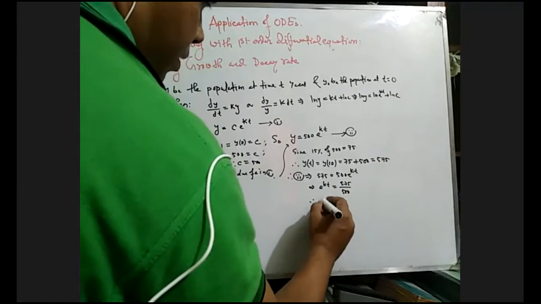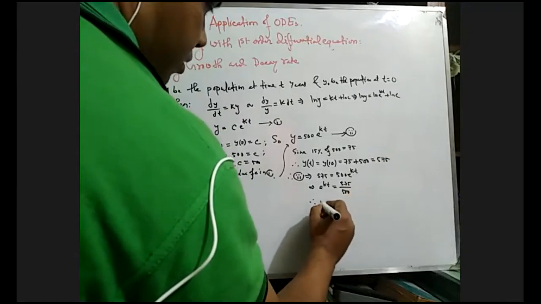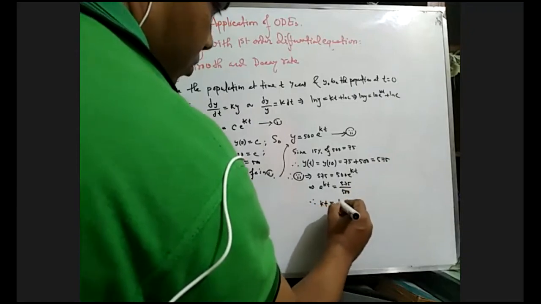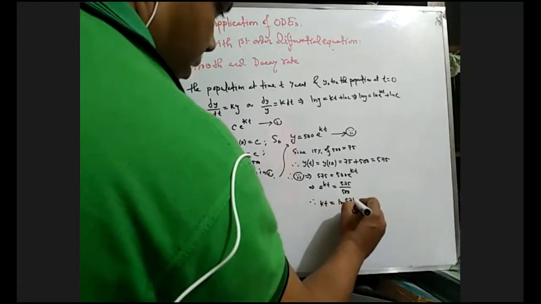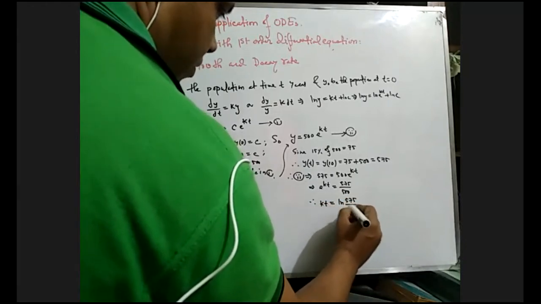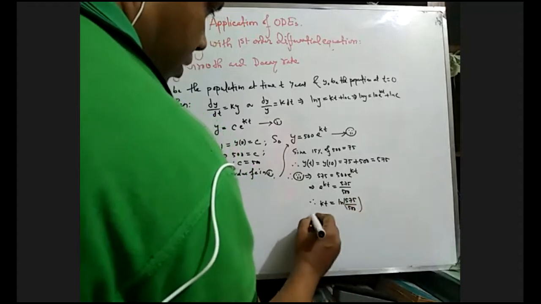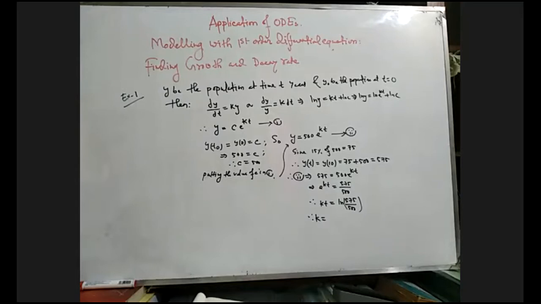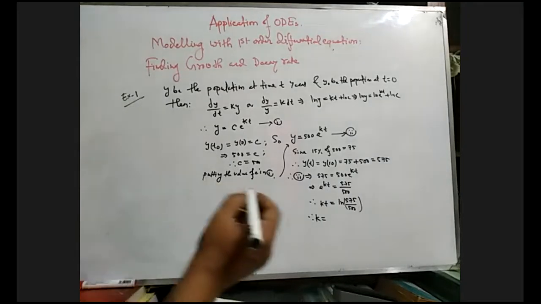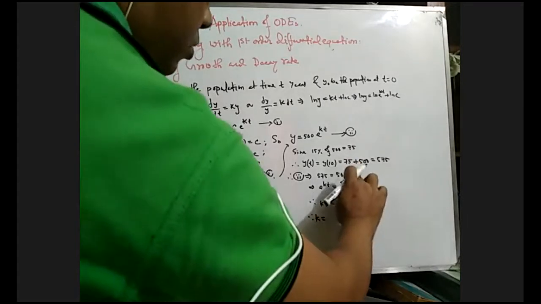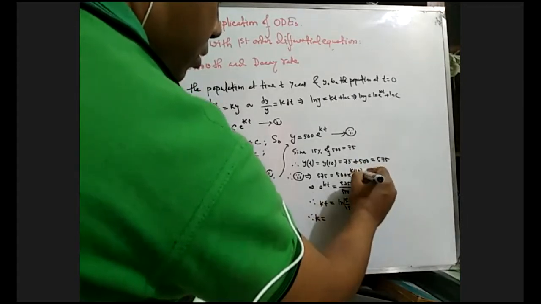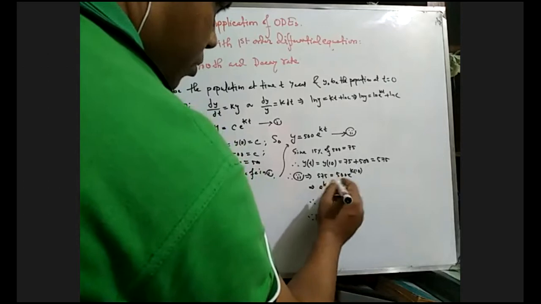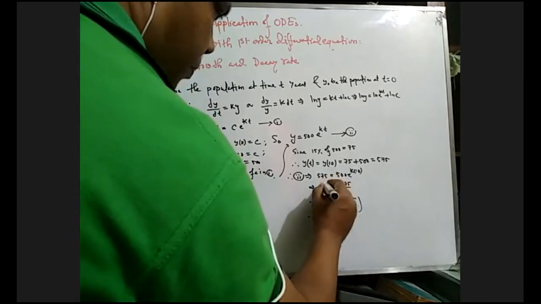Taking ln on both sides, kt equals ln of 575 divided by 500, and t equals 10 years, so we can put 10k.